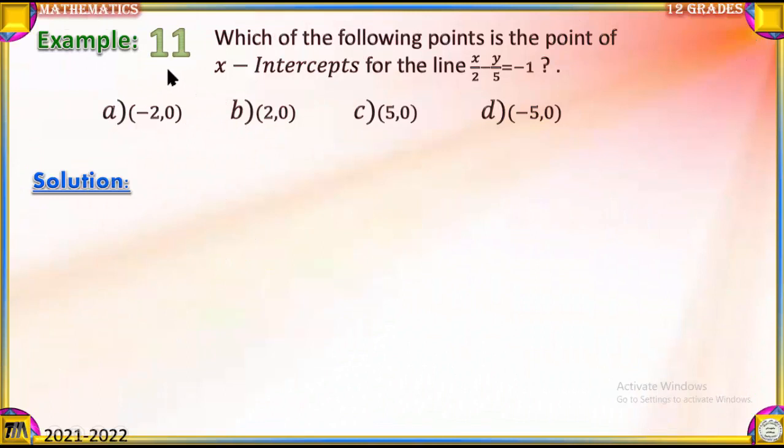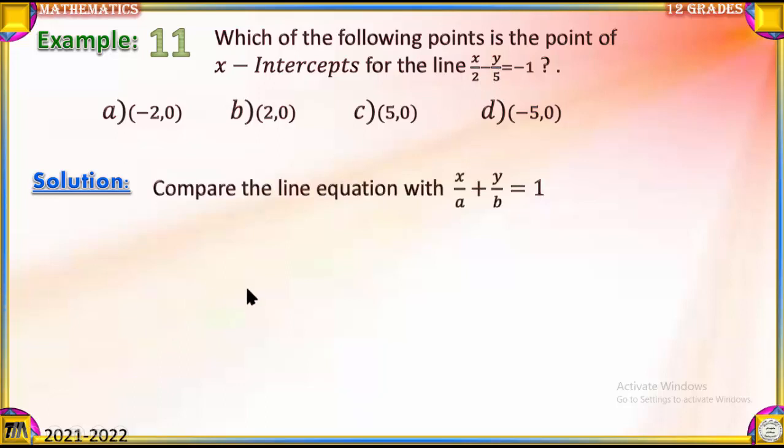Example number 11. Which of the following points is the x-intercept for the line x over 2 minus y over 5 equals minus 1? Compare this line equation with x over a plus y over b, which equals 1. We have the given function x over 2 minus y over 5 equals minus 1.